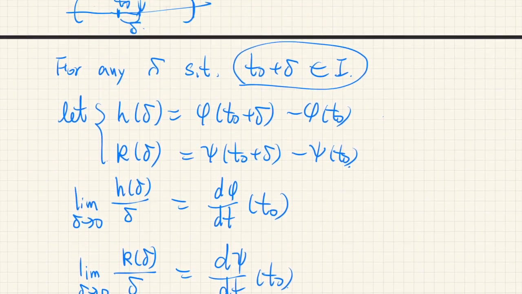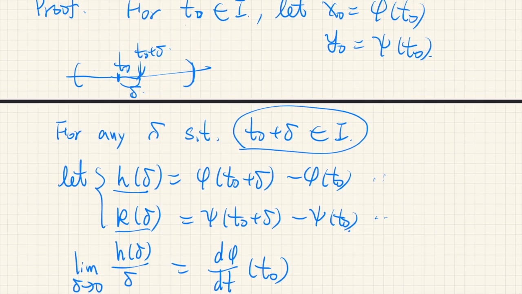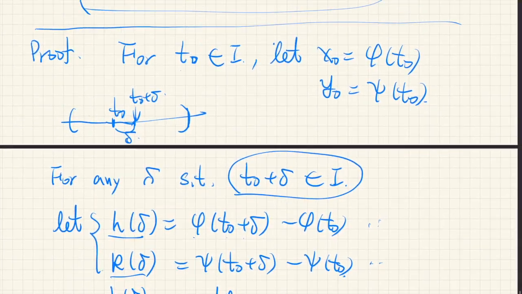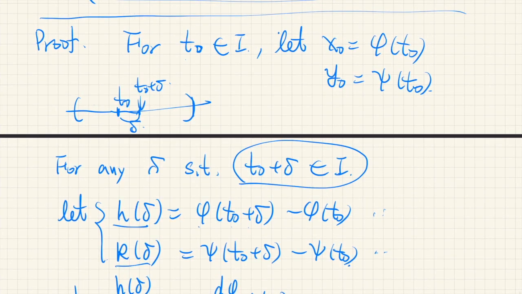By the way, h and k are defined in this way, right? And phi of t0 is defined to be x0, psi of t0 is defined to be y0.